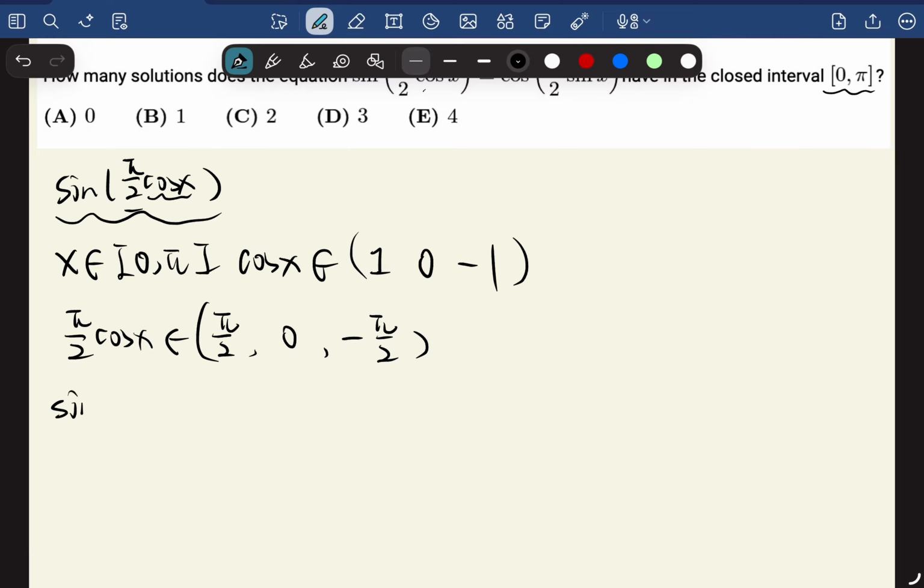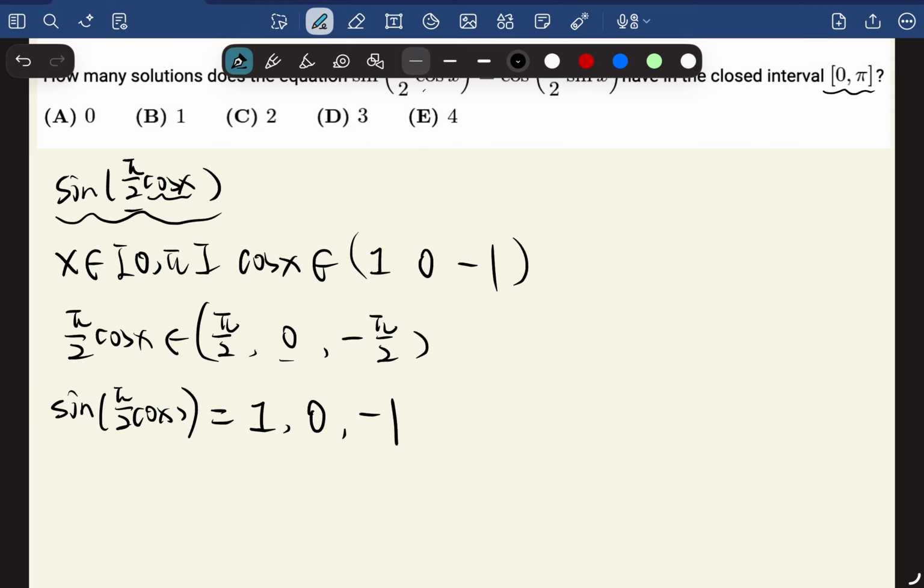what is sine(pi/2 cosine x) equal to? We basically plug into the function, right? So what is sine of pi/2? It is 1. What is sine of 0? It is 0. What is sine of negative pi/2? We get negative 1.